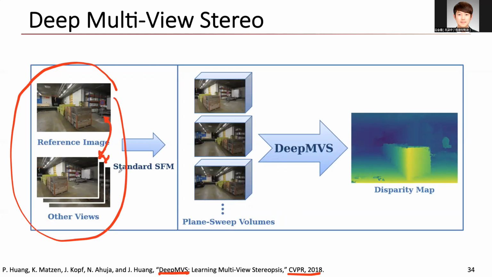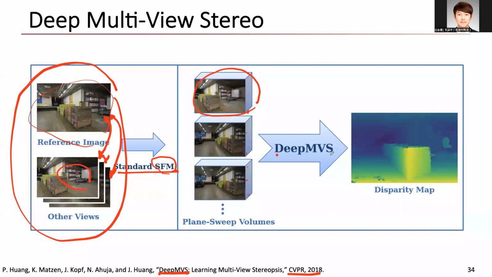So first we have to use SfM, structure from motion, to find the camera extrinsic parameter relationship, or the camera pose relationship, between arbitrary two images. Then we build the cost volume by considering the reference view and one of the other images, so we can make multiple cost volumes similar to stereo matching.